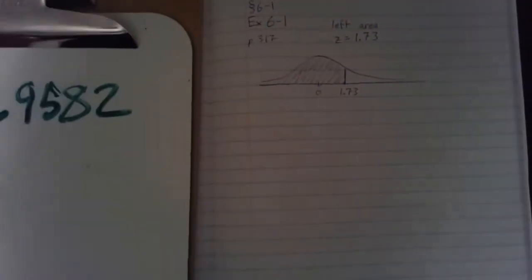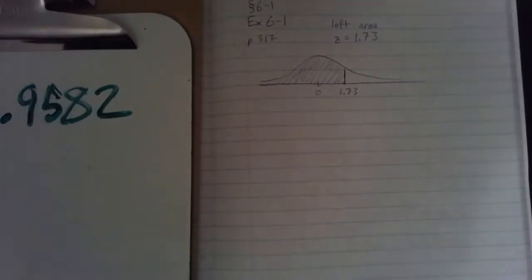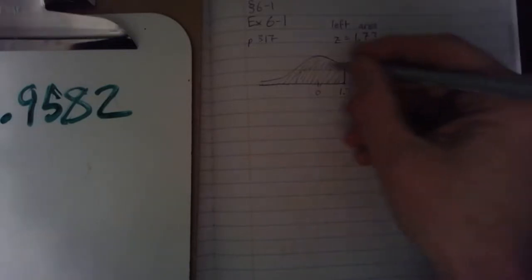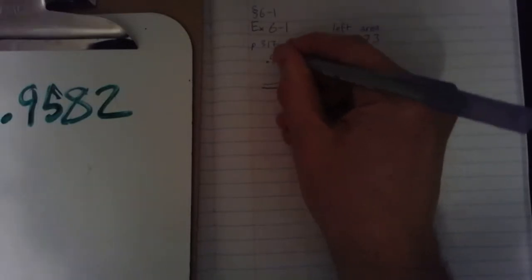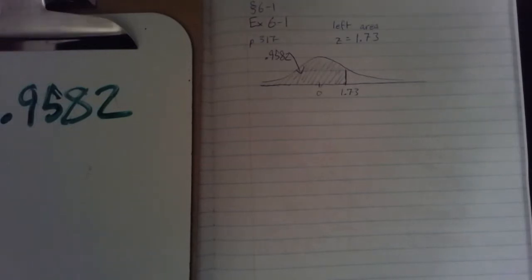And going back to the problem that we were doing, that is our area underneath the normal curve. So let's point to it like this and put 0.9582. Okay.